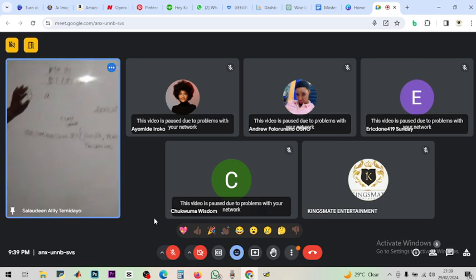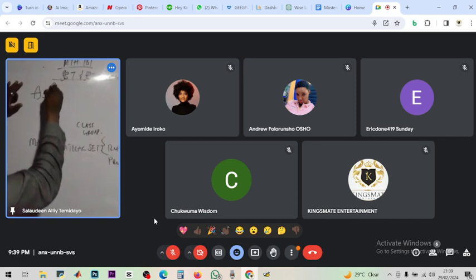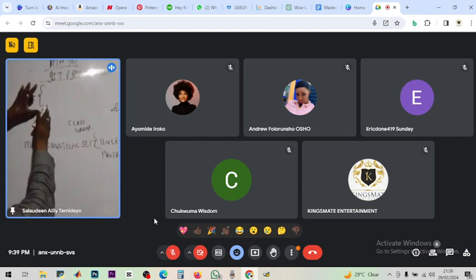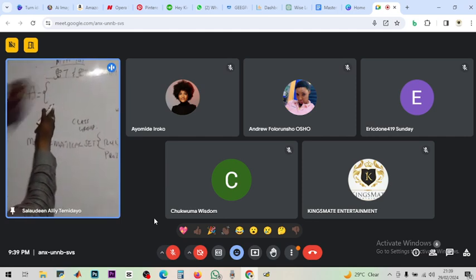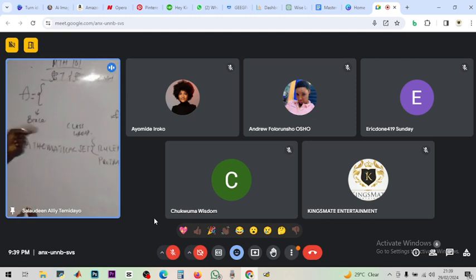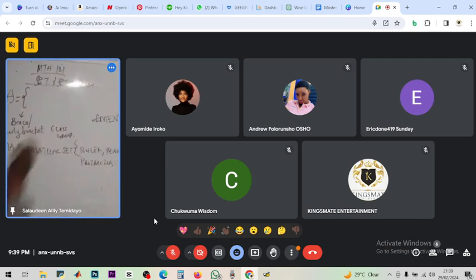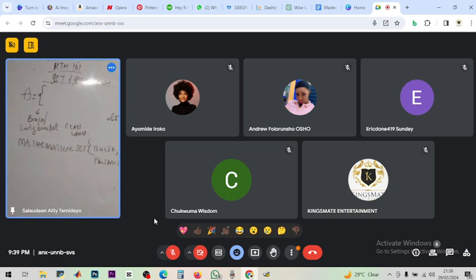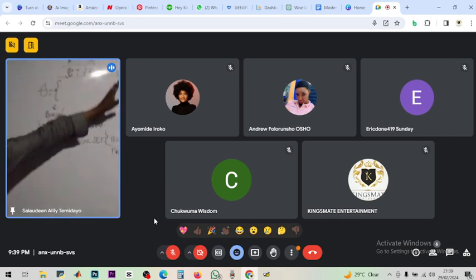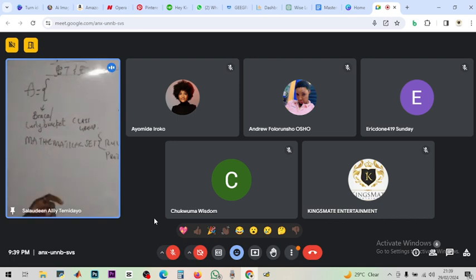So set A equals, this is the bracket that contains the elements of your set. We call it the brace or the curly bracket. It opens here and closes here. So this is set A.